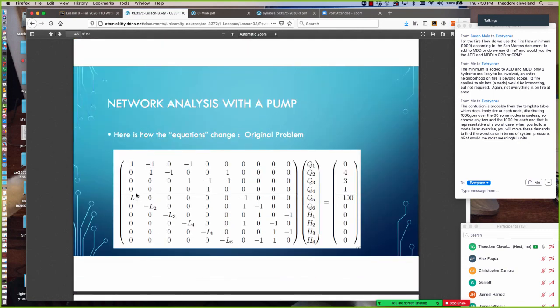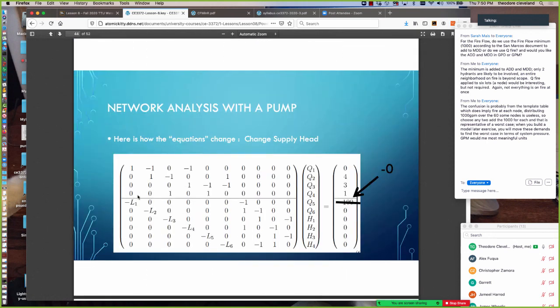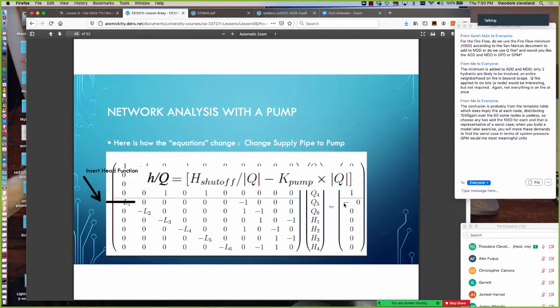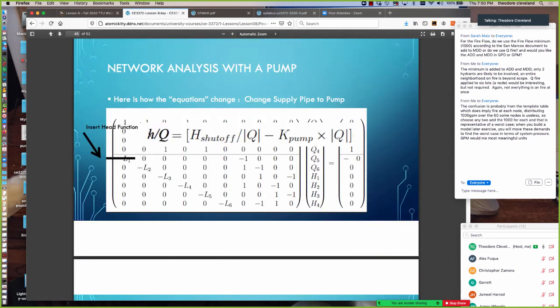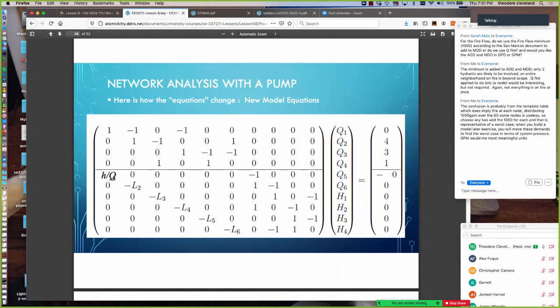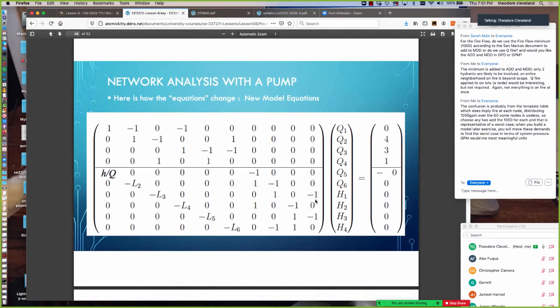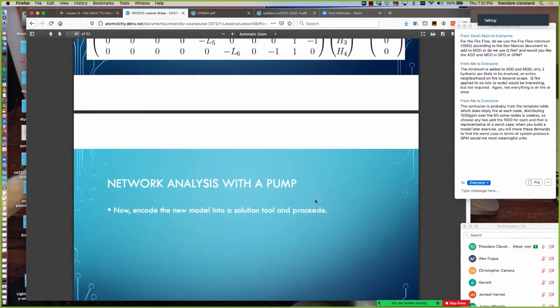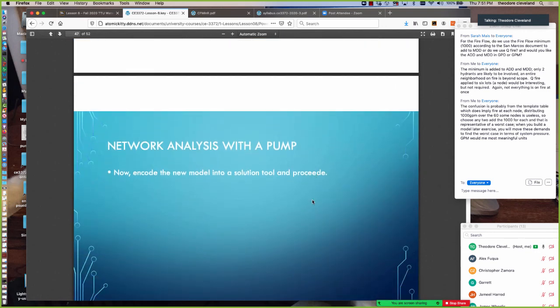And so this L1 is going to be replaced with a pump equation, so at that point, that will become a 0. The pump function here replaces the L1, and we can construct this to actually have the same behavior as L1. It's just using a different equation. And I'm calling it H over Q here. And now we would code the new model into a solution tool and proceed.